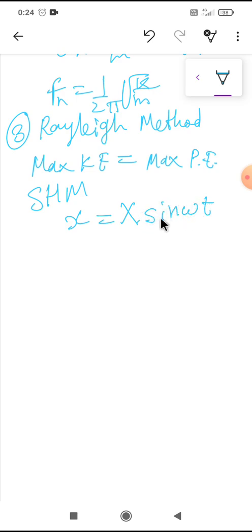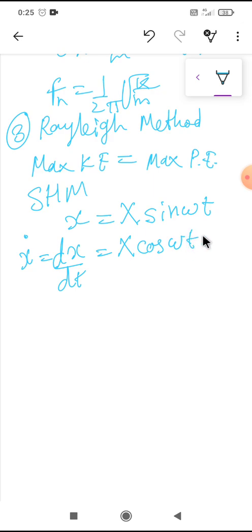You can also take cos, it doesn't matter. So what will be dx by dt, or we can call it x dot? It will be X, derivative of sine would be cos omega t, into omega.